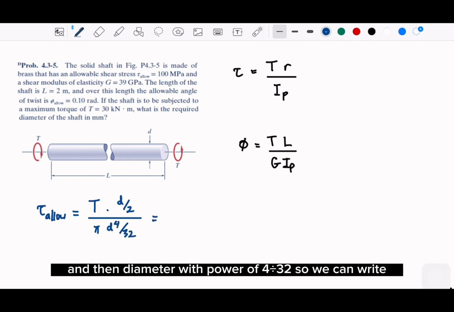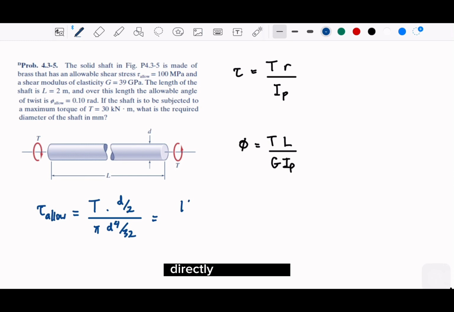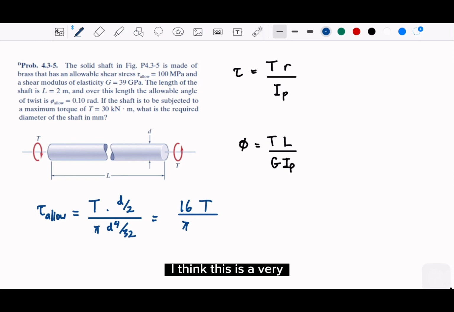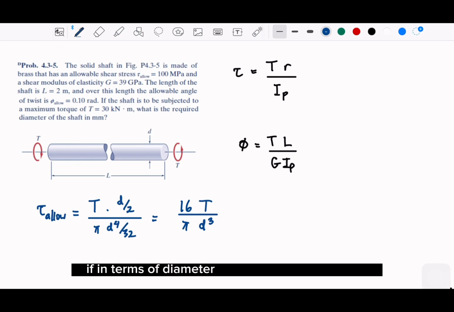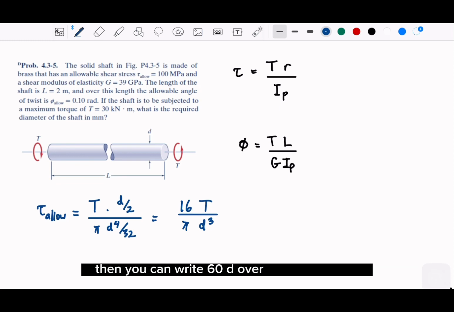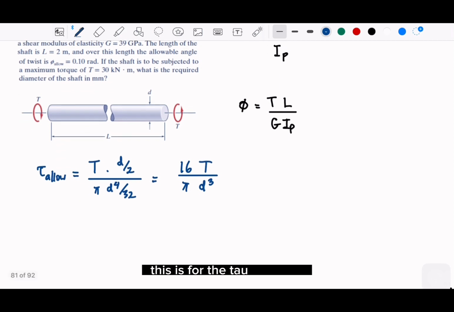So we can write directly the formula. If you want to compute using this one, I think this is very helpful. In terms of diameter, if the shaft is solid, then you can write 16T over pi d cubed. Okay, that is for the tau.